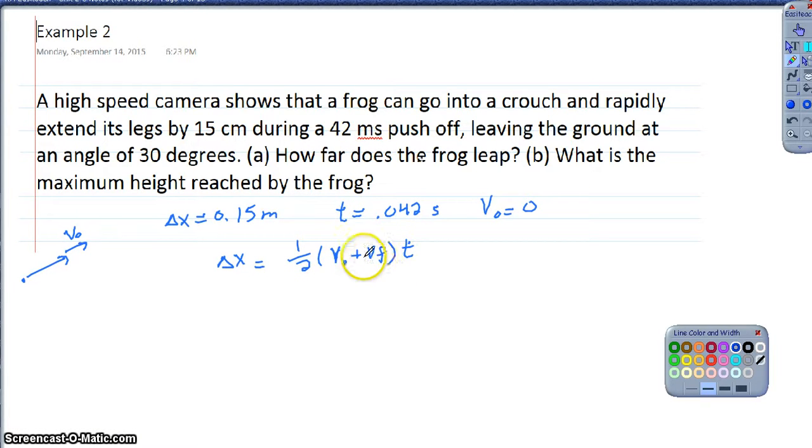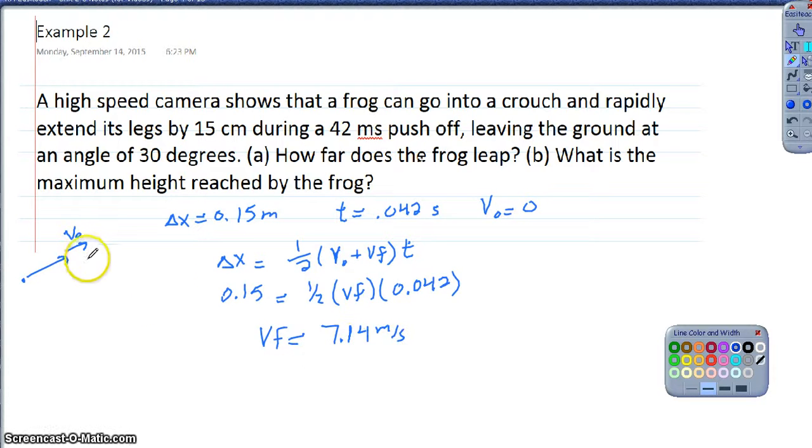But the reason I'm doing that is I'm looking for my final velocity, and I know the other measurements, right? So either use two equations using kinematics, or I could just use this one to find my final velocity. It truly does not matter which one I choose to do. When I solve for that final velocity, though, I should get something pretty close to about 7.14 meters per second.